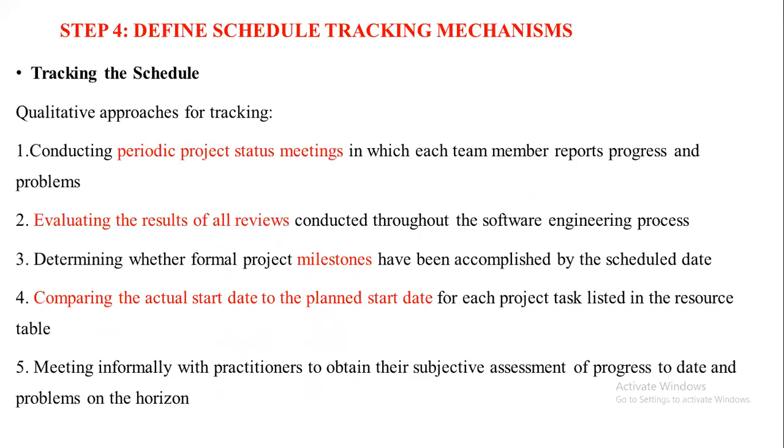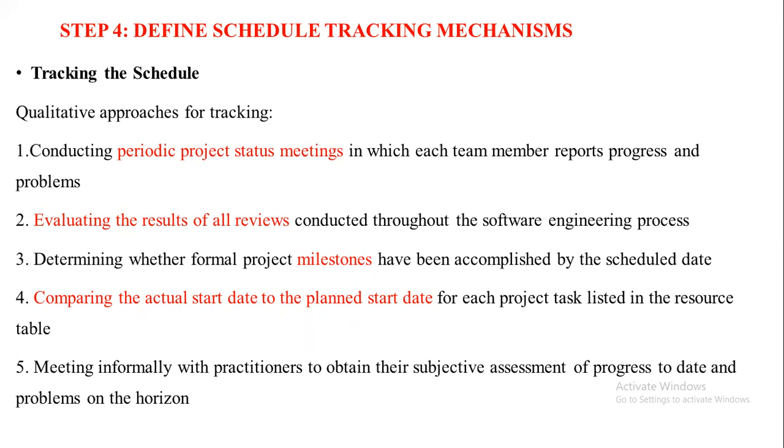And the last step is schedule tracking. That is, we have created a schedule. Now we have to check whether we are going according to the schedule or not. For this, we use 2 approaches. One is the qualitative approach and the other is the quantitative approach. Quantitative approach means using some mathematical formulas to find out whether you're going according to the schedule or have some deviation.